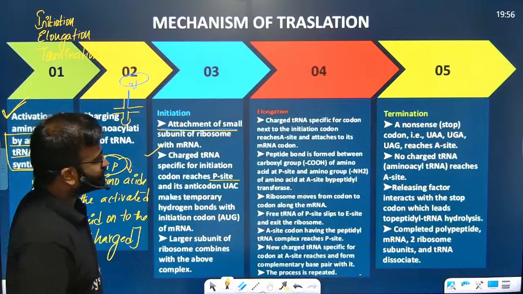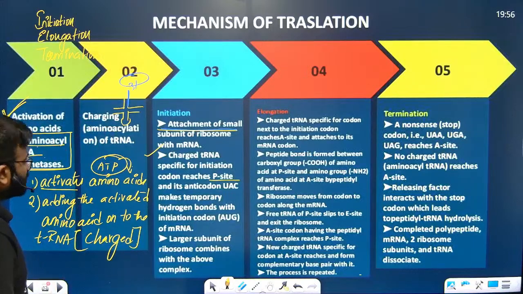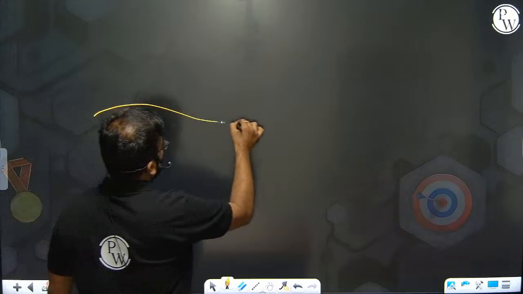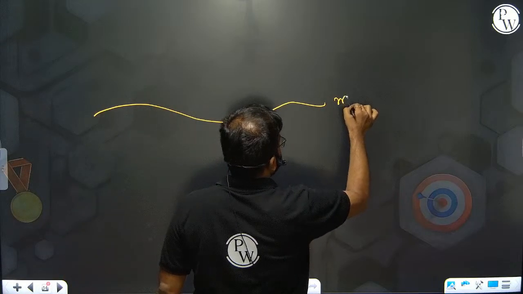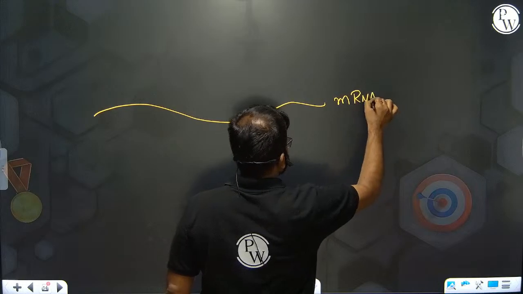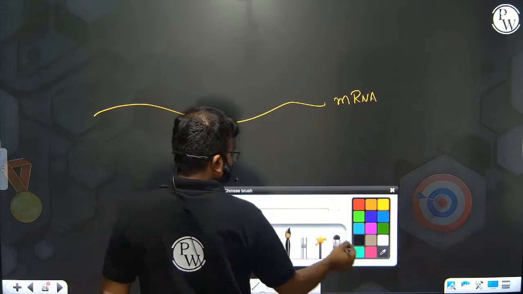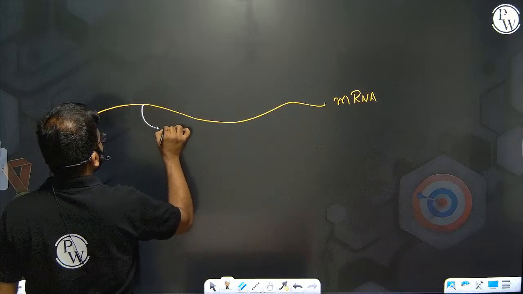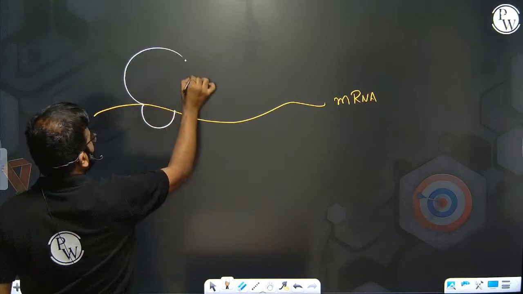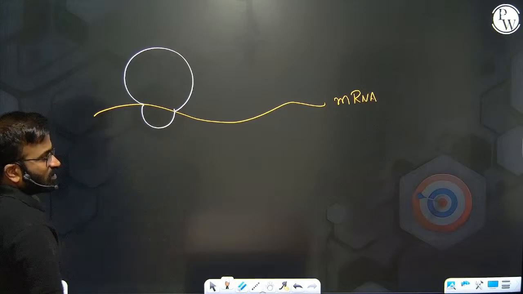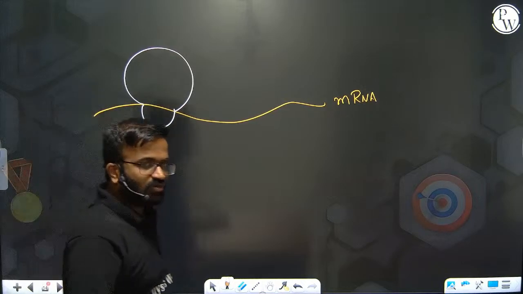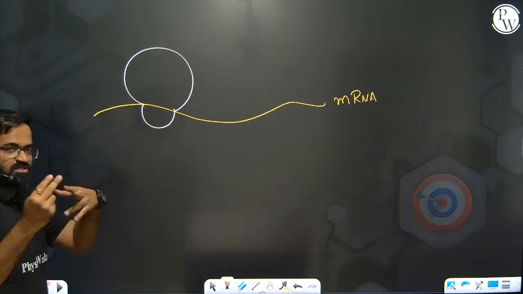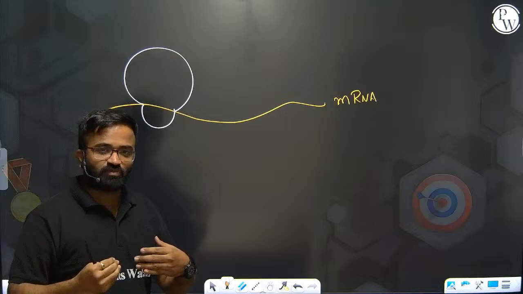Am I clear? So I would like to ask a question over here. Imagine this is your mRNA. This is your ribosome. Now tell me, what happens actually during protein synthesis?